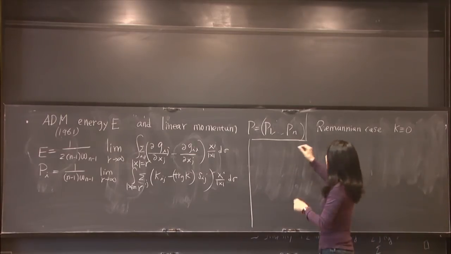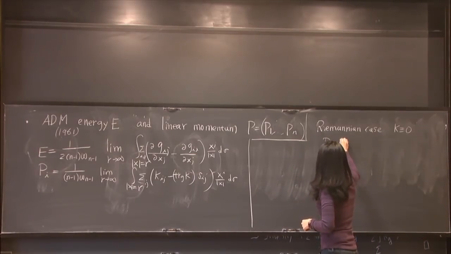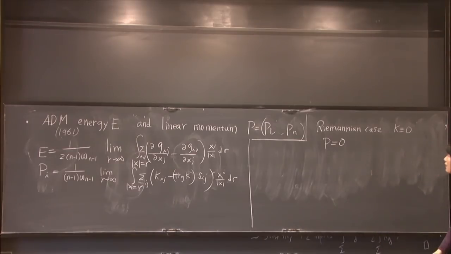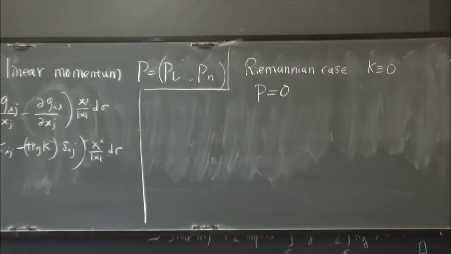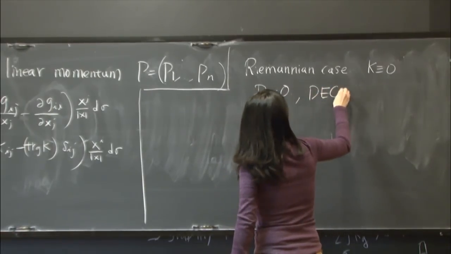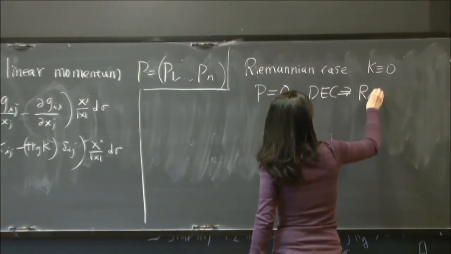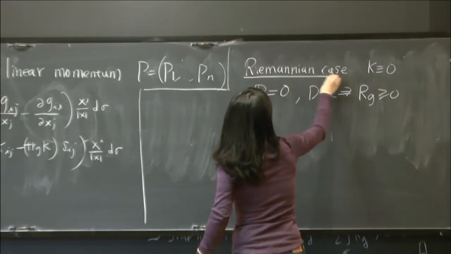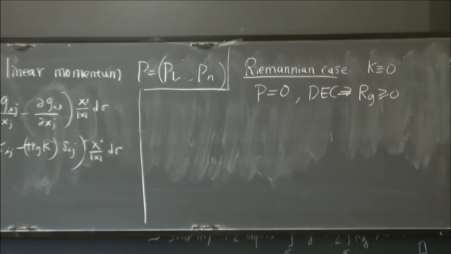So energy is still there, but the constant vector P is 0. And also, the dominant energy condition reduces to non-negative scalar curvature. So in other words, the general positive mass conjecture, in the case where we're assuming K is 0, will reduce to the Riemannian positive mass theorem.